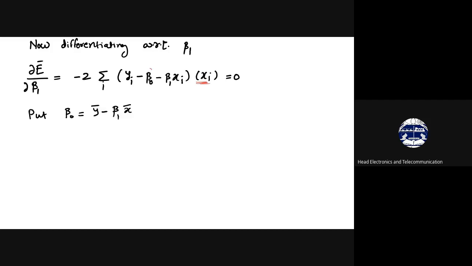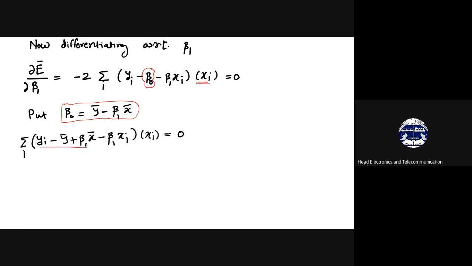Next step, I know the value of beta 0 in terms of beta 1. So I put this beta 0 that we have calculated just now, beta 0 is equal to y bar minus beta 1 into x bar. So this is my modified equation.